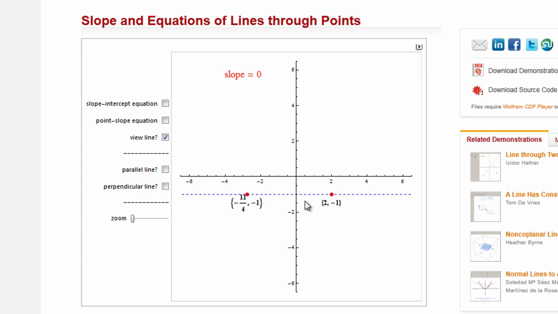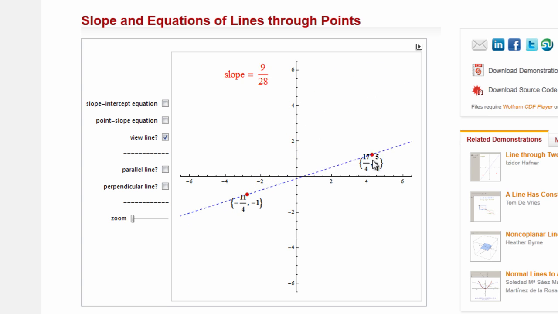Notice that the slope of this line, it's just a flat line. Well, when you have a flat line, the slope is 0. And now if I increase it, now notice the slope is positive. And the more I increase the steepness of it, the slope actually will get larger and larger. There's a slope of 7 right there.